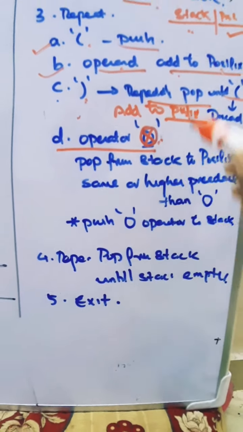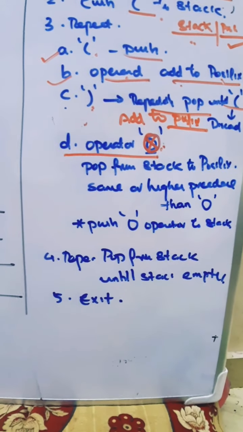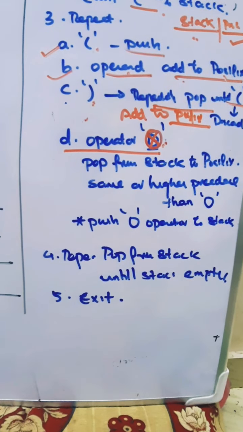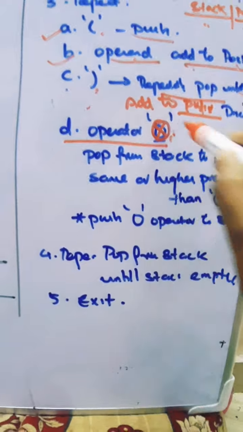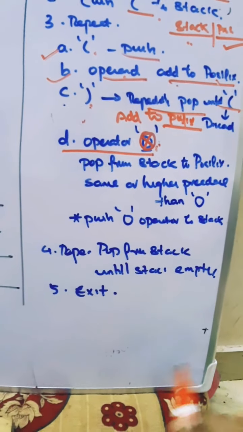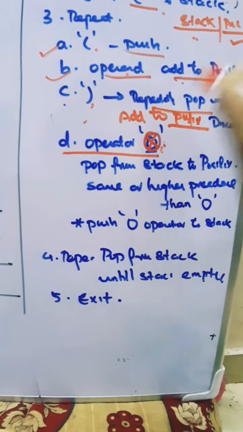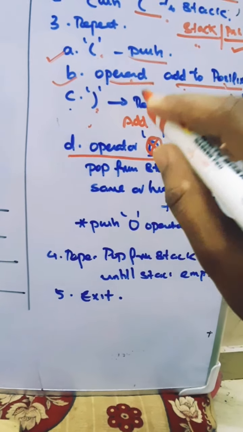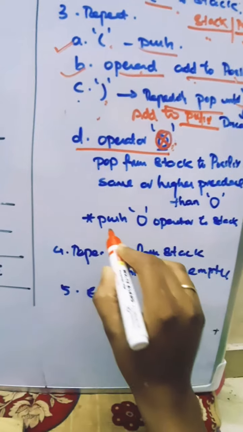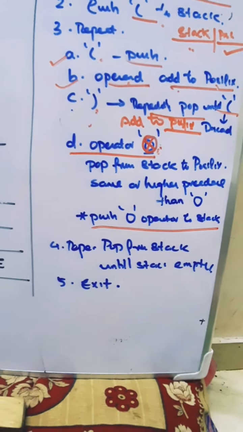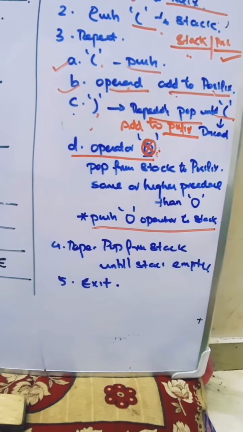So first take the top of the stack and the corresponding operator and compare these two operators. If the evaluating operator has higher precedence, no doubt you can simply push that operator onto the stack. Okay.